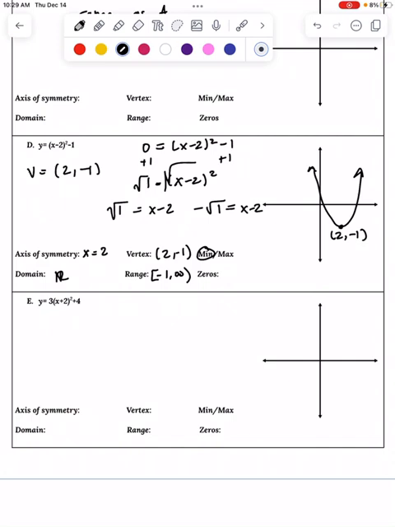Square root of 1 is just 1. So 1 equals x minus 2, and -1 equals x minus 2. Add 2 over, x equals 3. Add 2 over, x equals 1. That should be my zeros, 1 and 3.